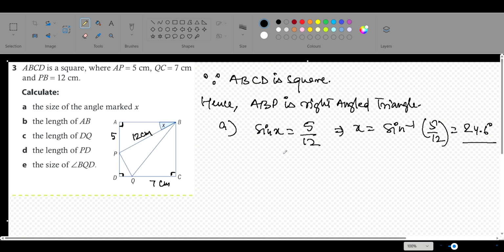The length of AB. So I'm going to use the Pythagoras here.